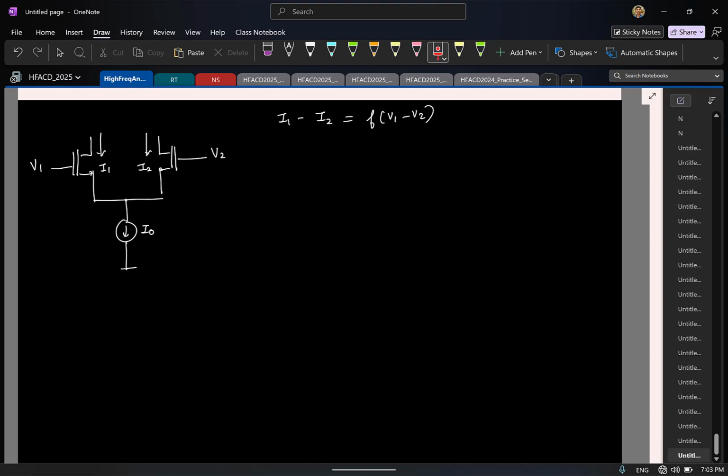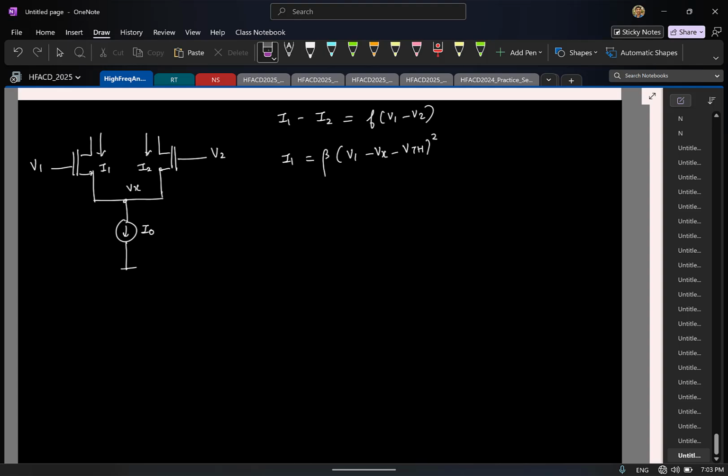Again, it's not that difficult. You can assume that you have a square law characteristic for the MOSFET, and then you can start. If I call this Vx, what is I1? Assuming square law, what can you say about I1? Some mu Cox W by L, let me call that beta, times (V1 minus Vx minus Vth) square.